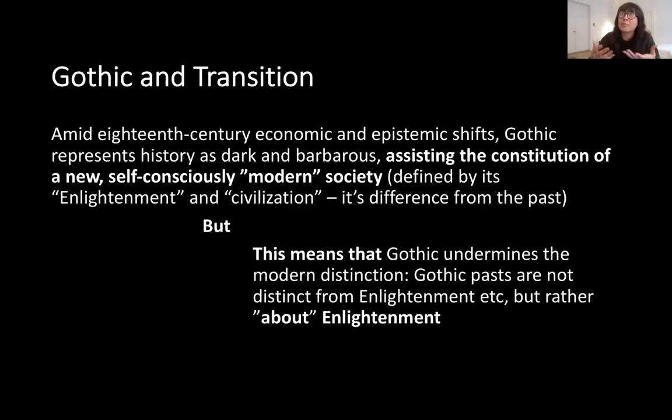That the past is invented as a dark, barbarous space. This shows that actually Gothic and Enlightenment are interconnected, not separated. So on the one hand, we have Gothic functioning in an organizing, stabilizing sense, but even as that's happening, the very process of that organization and stabilization actually undermines the organizing effort that is in play.